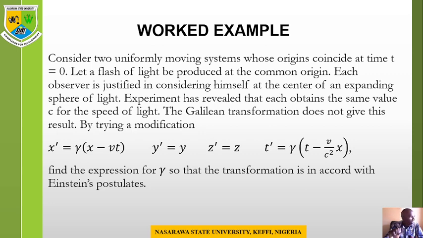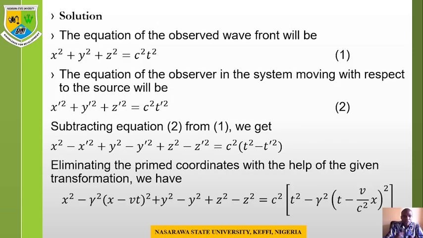So this question is just to give a modification to the Galilean transformation. Here we have the solution. The equation of the observed wavefront will be x squared plus y squared plus z squared equals c squared t squared, which is equation 1.